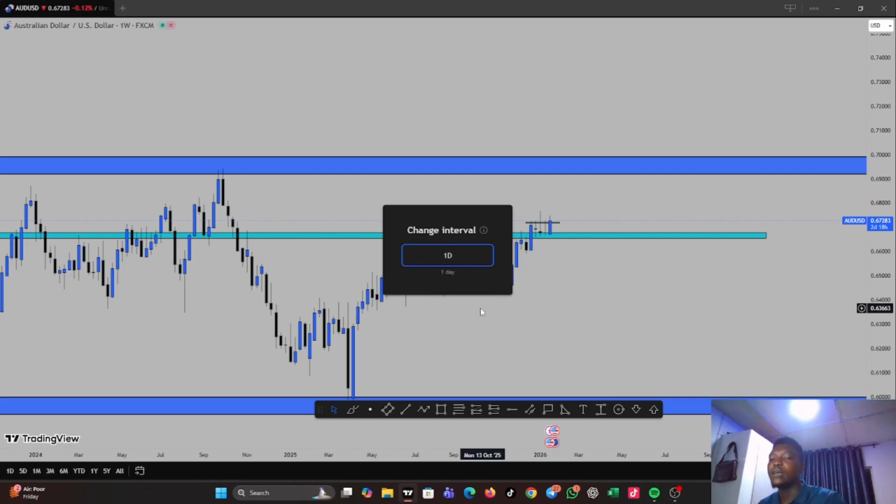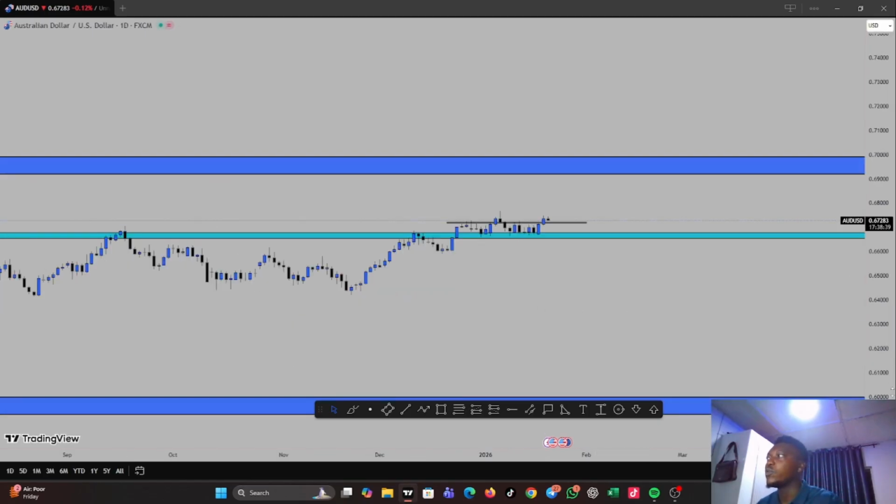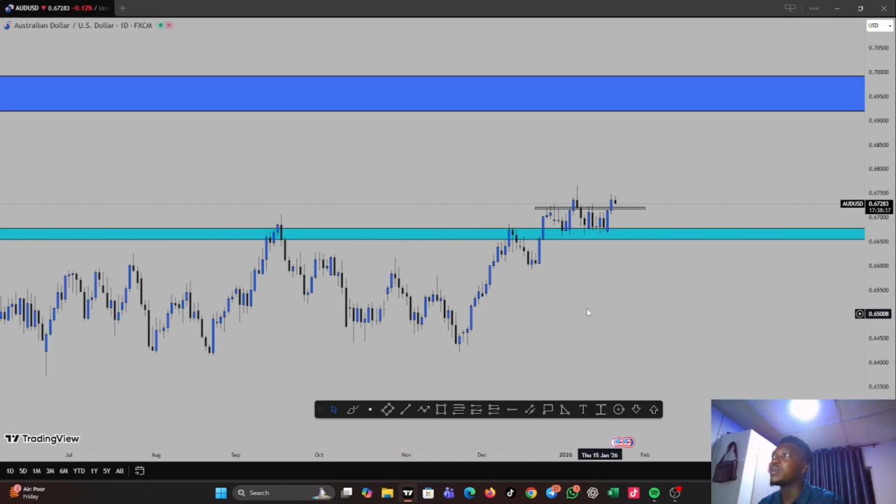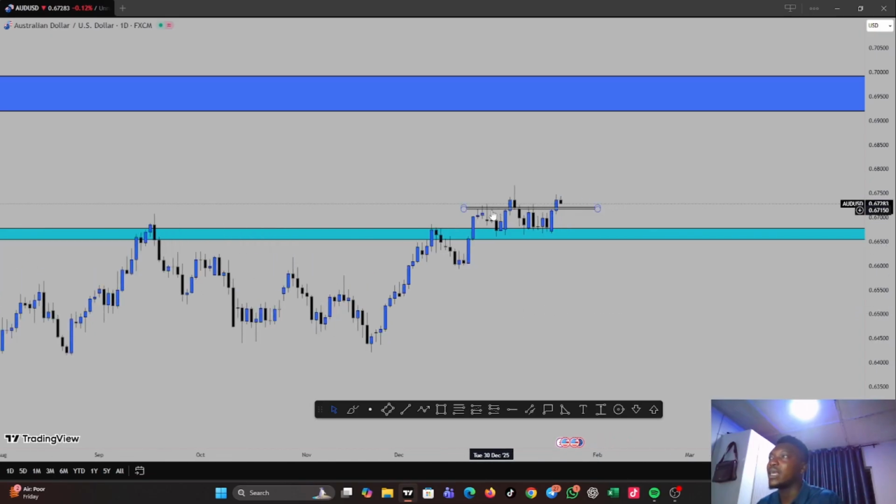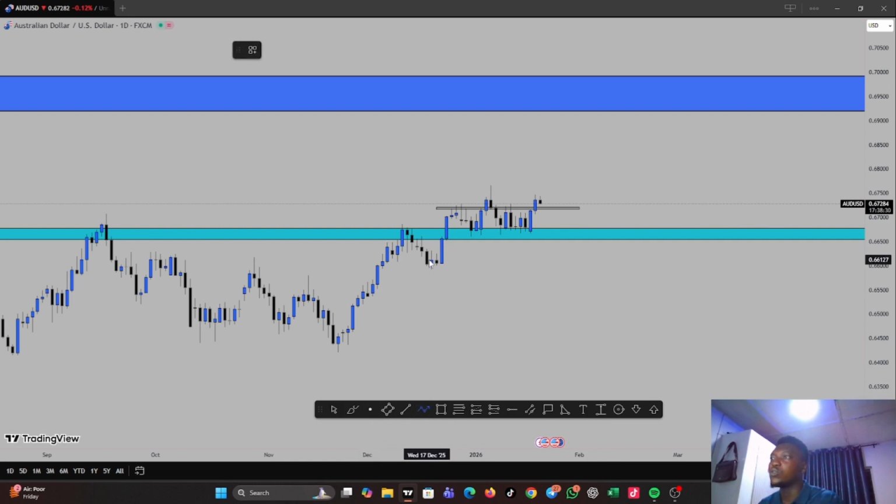So we scale down to the day chart to look for opportunity. Now price has broken out of a micro resistance. Initially this was showing a head and shoulder pattern. In my previous episode on Chart Insight, I was expecting that if we did have a break below this level, this would confirm a trend reversal.